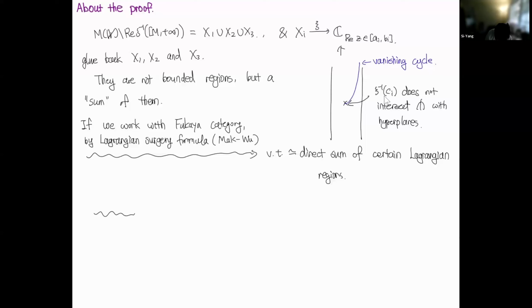And still using the same work, we can also show that handles coming from boundaries can be removed as well, via surgery.